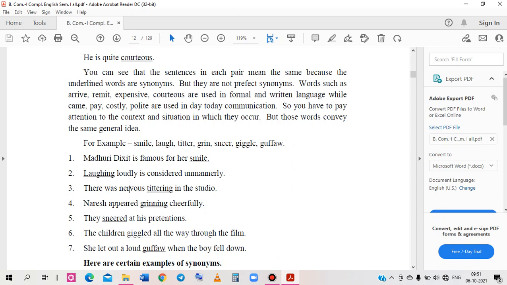The children giggled all the way through the film. He let out a loud guffaw when the boy fell down. So these words show laughing, smiling, but each has a certain context. For example, the children giggled all the way through the film.